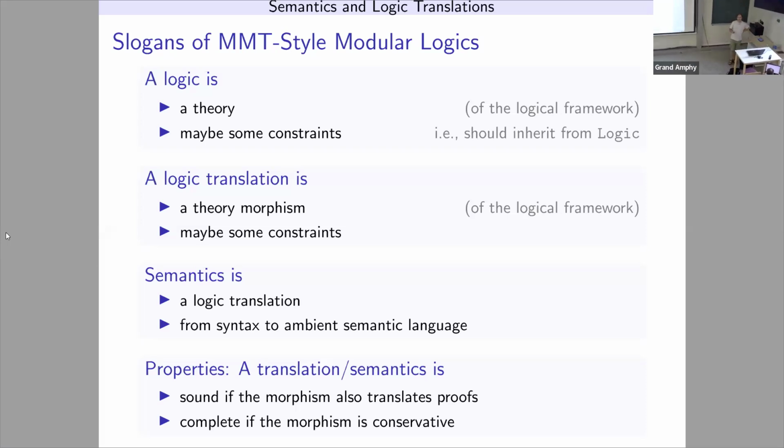Basically it means if the type was empty before, the morphism is going to map it to an empty type as well. So if we had a formula that didn't have a proof here, after mapping it over, it still doesn't. That's conservativity, and that ends up being equivalent to the semantics being good.